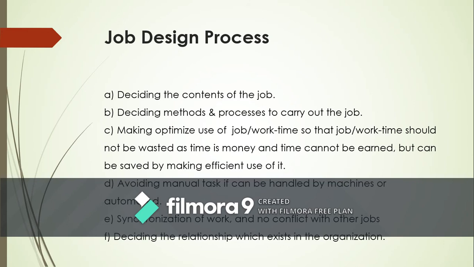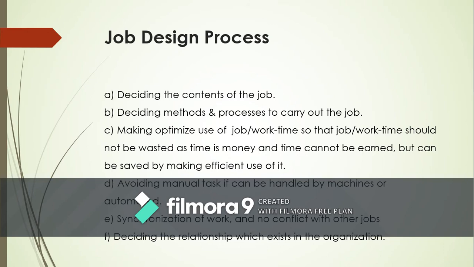Next you have to optimize each method, okay, so that the work is done in the least time with the best way possible, okay, that is efficiency, right? So time should not be wasted, it should be optimized, okay, maximum benefit should be achieved by doing that task using that specific method, that is to be taken care of by the person who is designing the job.